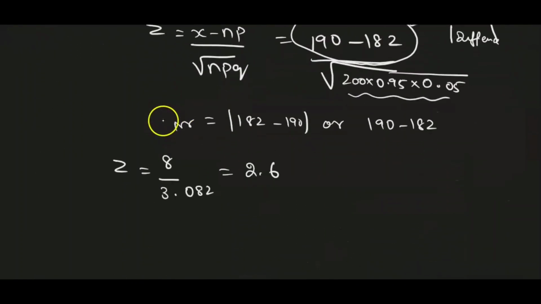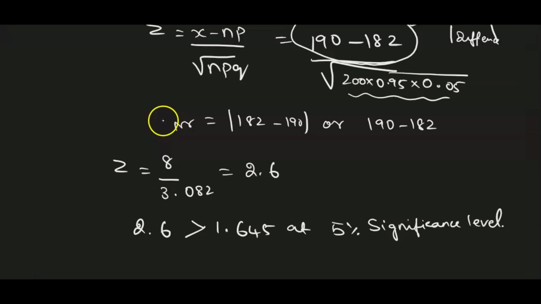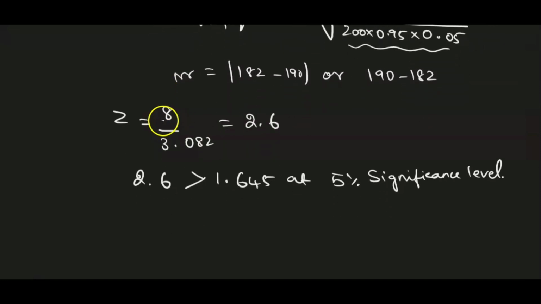So 2.6 is greater than 1.645 at 5% significance level, because this is the value for the one-tail test. And 2.6 is greater than 2.33 at 1% significance level.